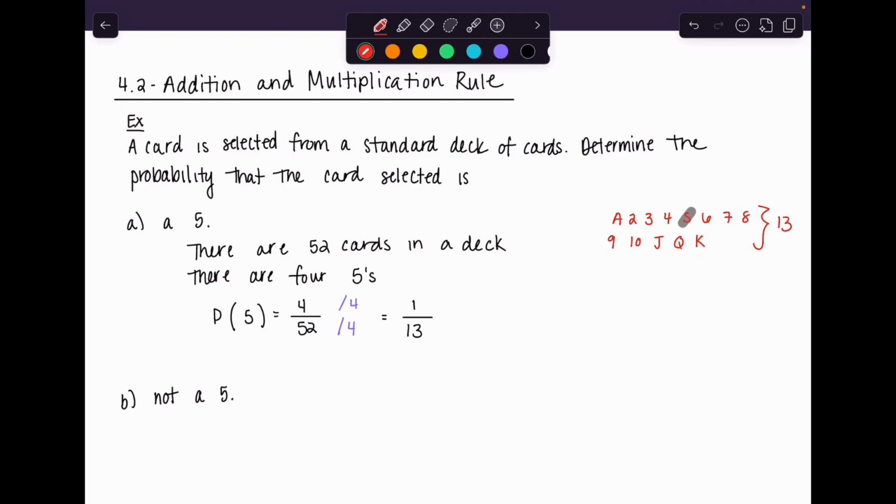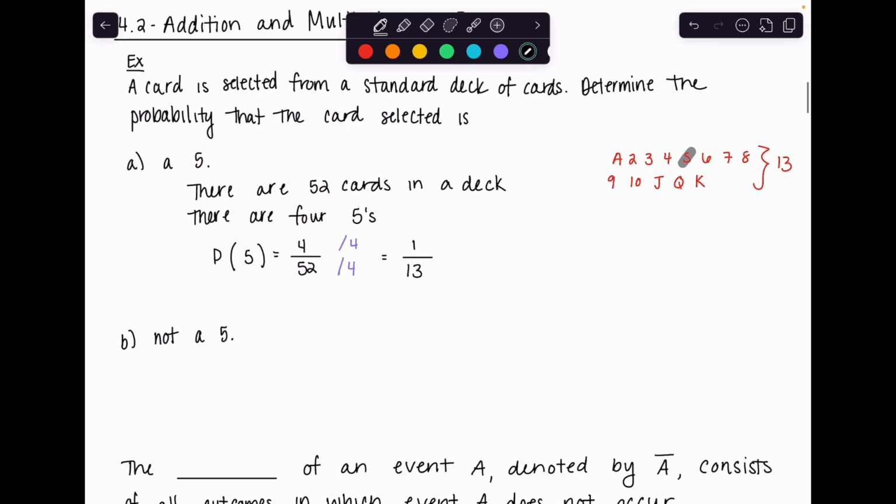The other way is if you look at that full deck, you can count up how many cards are not 5s. And the way you can think about doing that is there are 52 cards in total. 4 of them are 5s. So there are 48 cards that are not 5s.